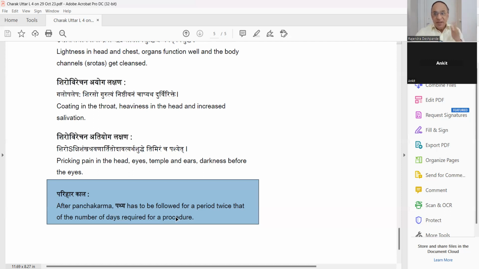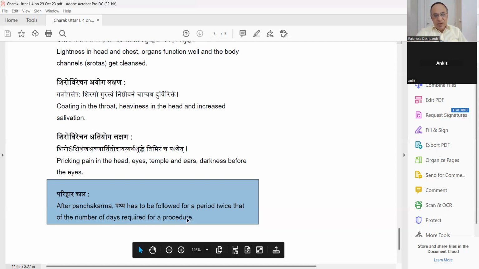It depends on how many days you give for Karma Basti, Kala Basti, Yoga Basti: a 30 days program, and then Samsarjana Krama for 7 days. So around 35 days. Again multiply by 2, 70 days he will have to be careful with food and lifestyle. So this is called Parihara Kala, that is twice the number of days required for the procedure.